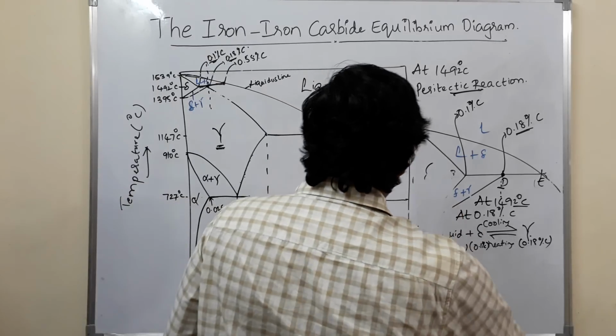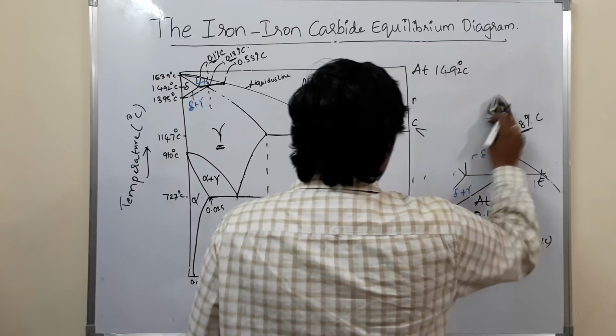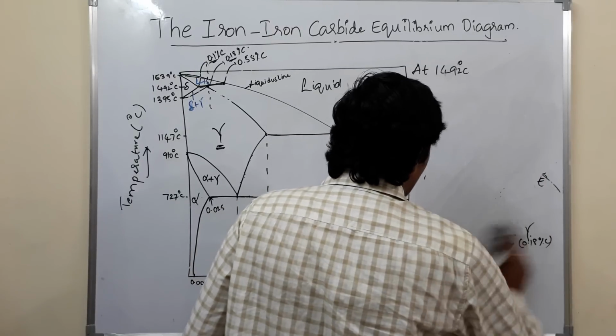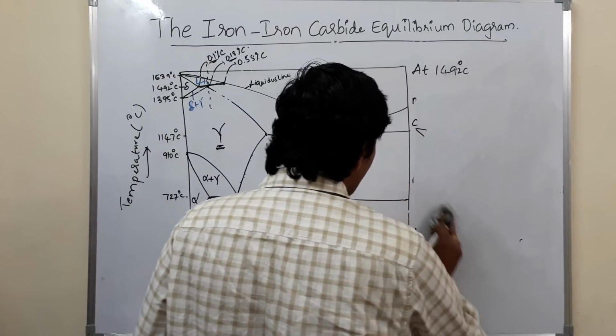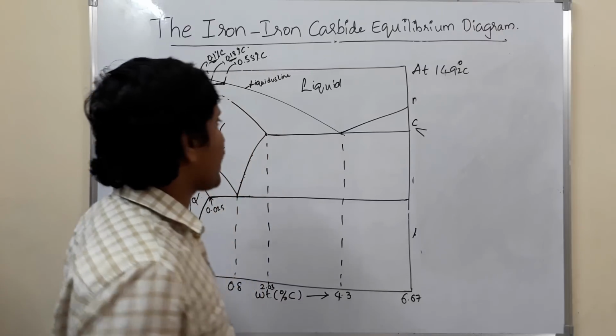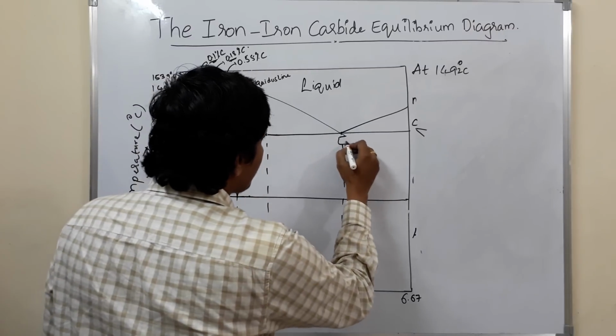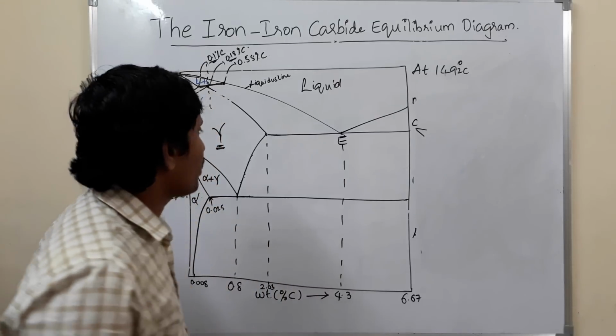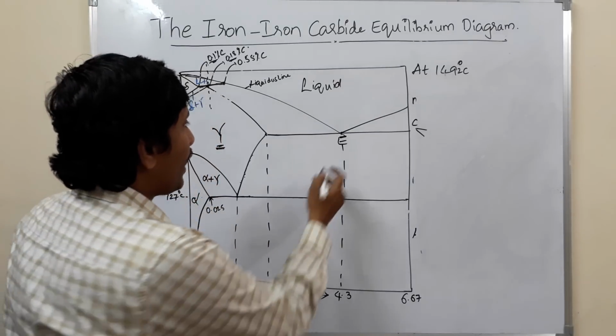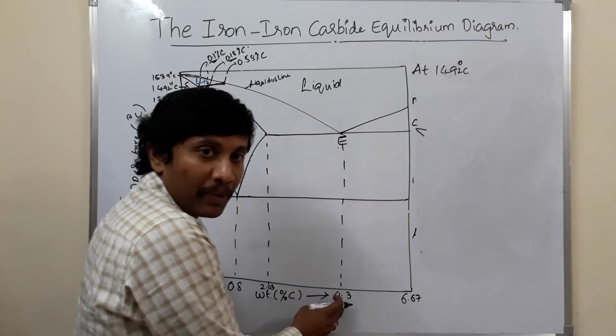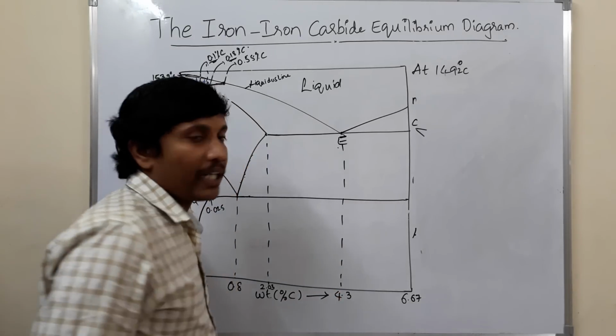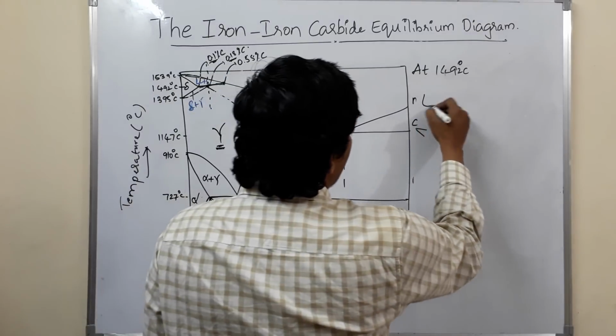Okay. So the next invariant reaction occurs at, let us say this point is E. Okay. So at point T, at 4.3 percentage of carbon, you will be getting eutectic reaction. Okay.